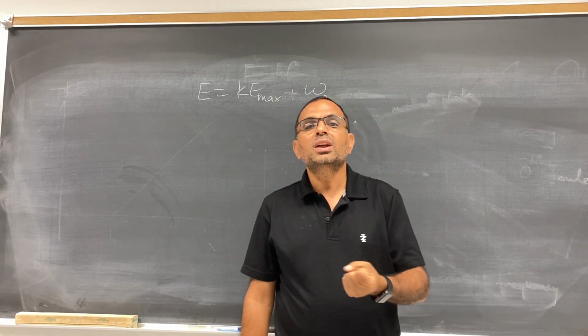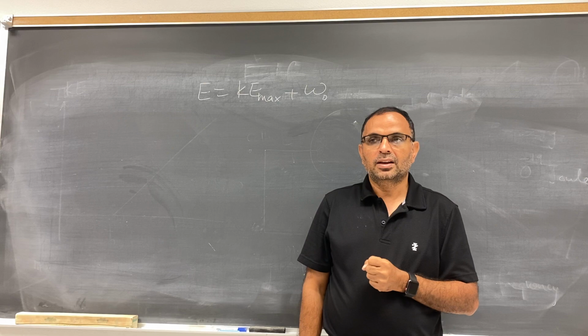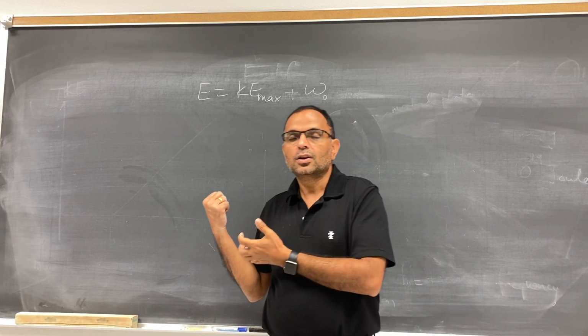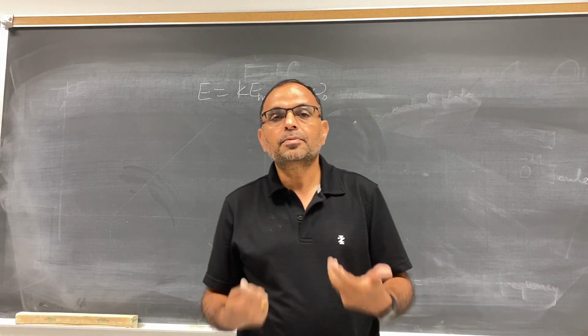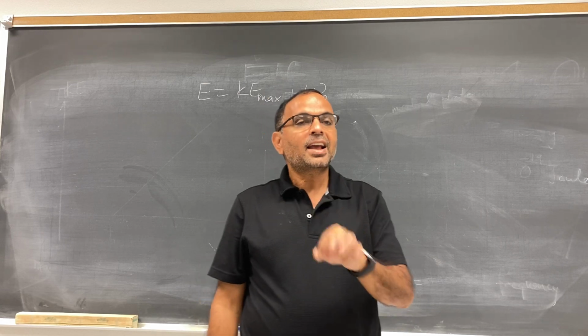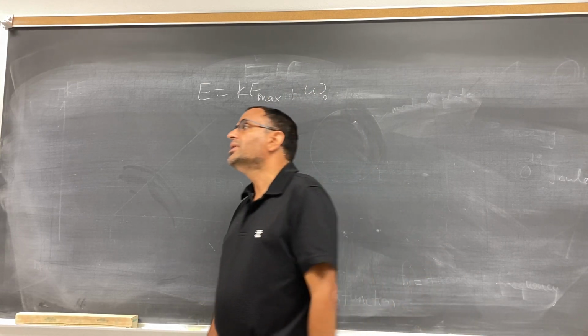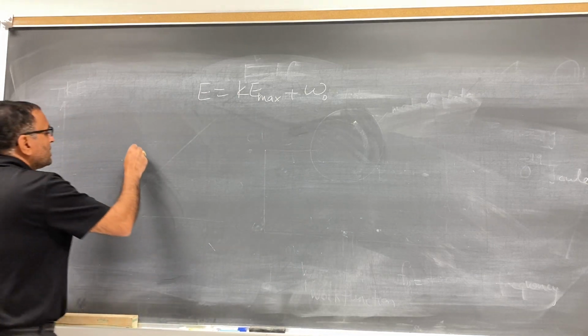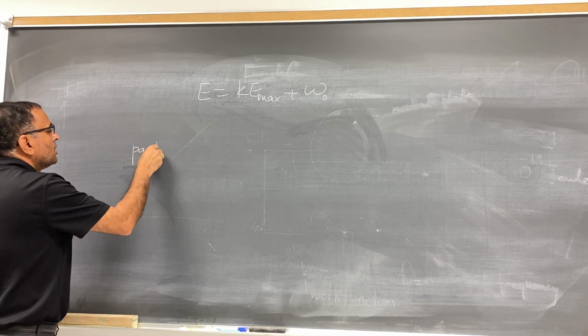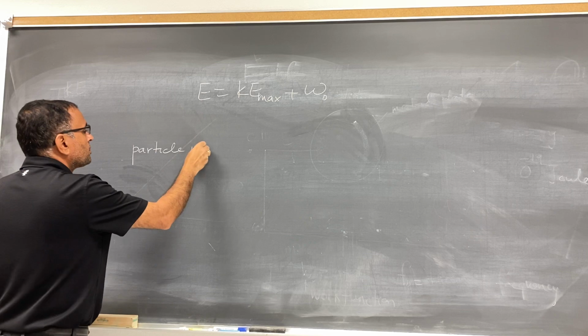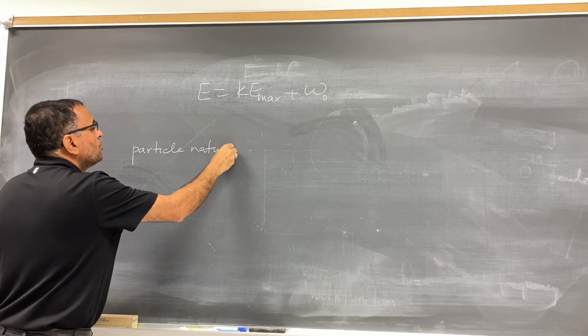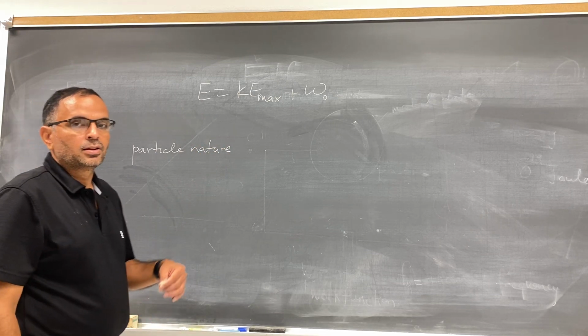So light is an electromagnetic wave. And from the photoelectric effect, we came to know that light is also made of particles. So light has a dual property: particle nature and wave nature. The photoelectric effect proves the particle nature.